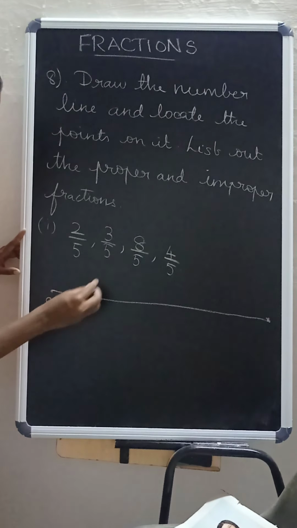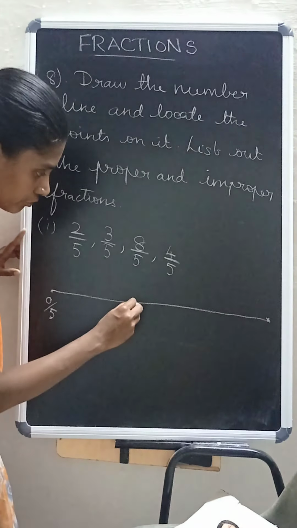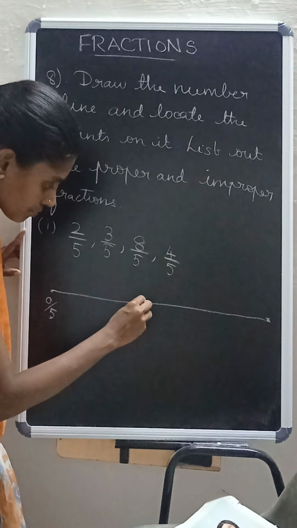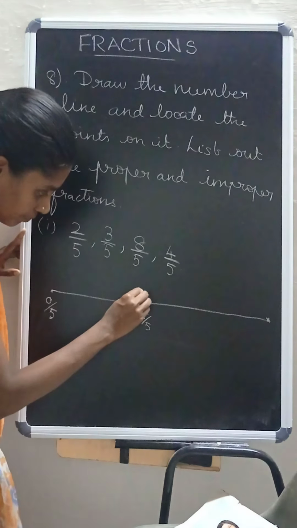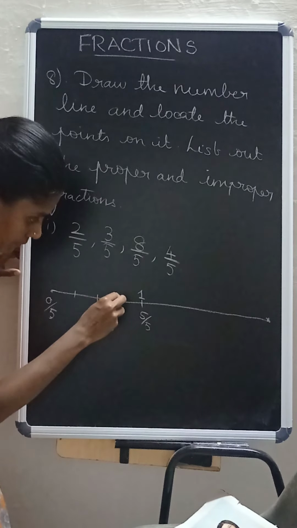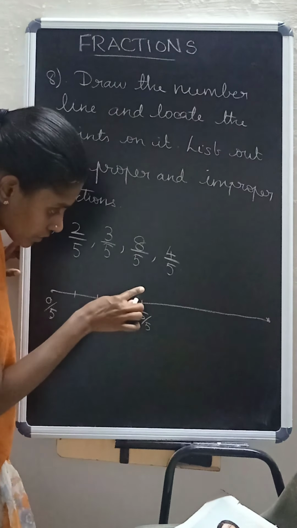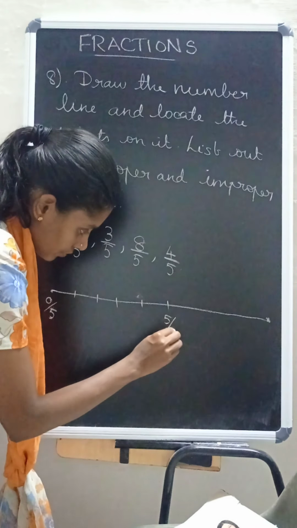Here it is given 5. So, I am going to split this one part into 5. So, 5 by 5. 1, 2, 3, 4, 5.